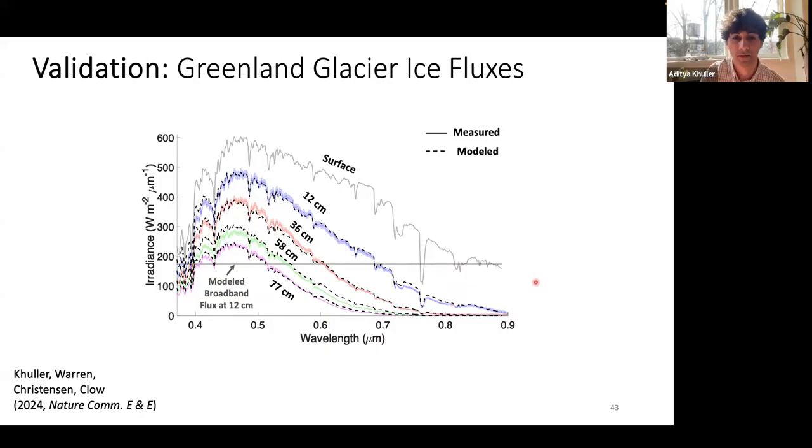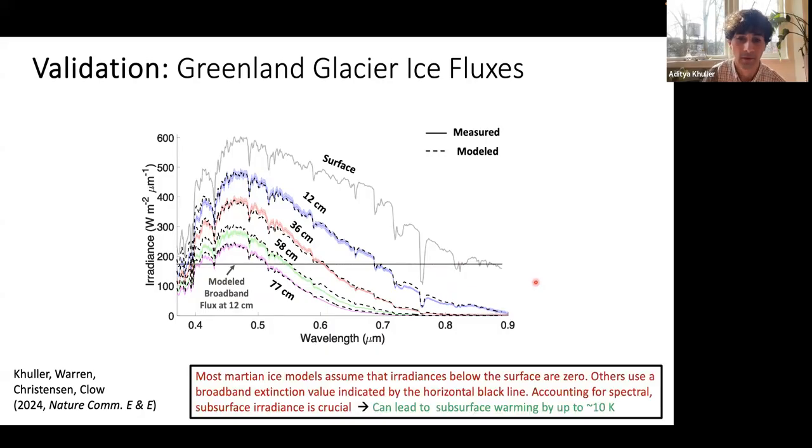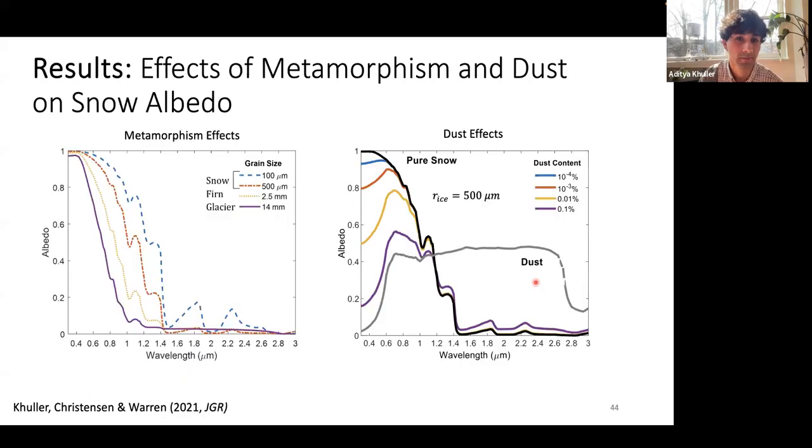And so it's very important to account for the spectral variation of subsurface light, because this can lead to subsurface warming by up to 10 Kelvin. And we're trying to see if the ice can melt below the surface. So accounting for the energy below the surface is crucial.